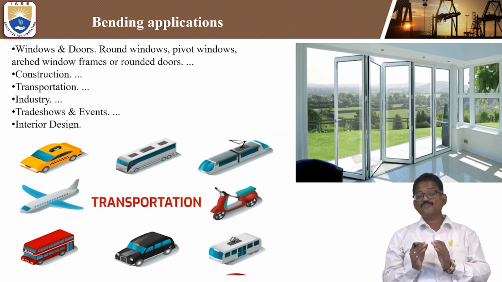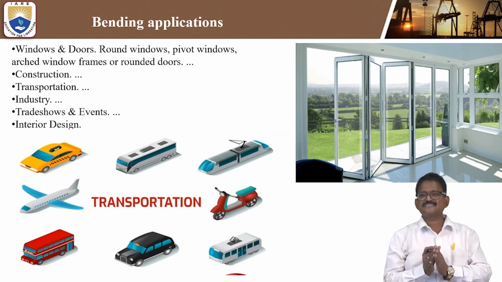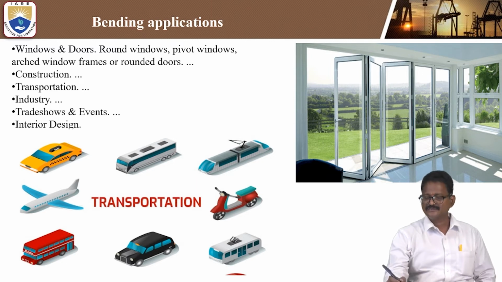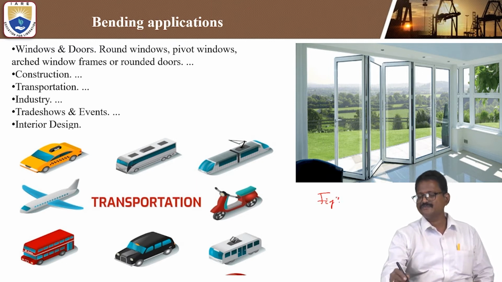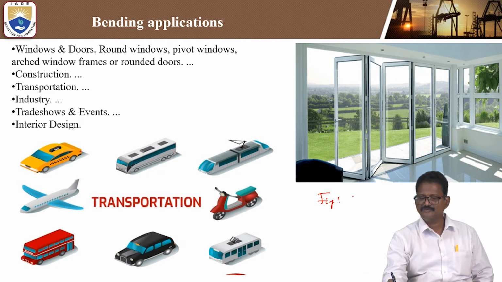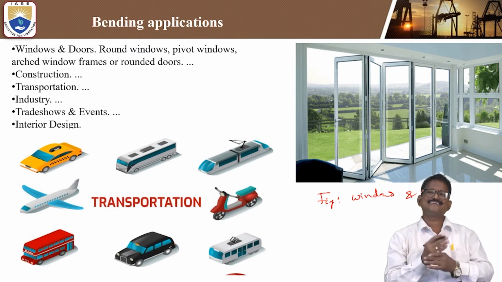Now coming to the applications, as far as the application is concerned, it is very, very important. Look at this figure, which mainly describes the windows and doors for any interior decorated houses.